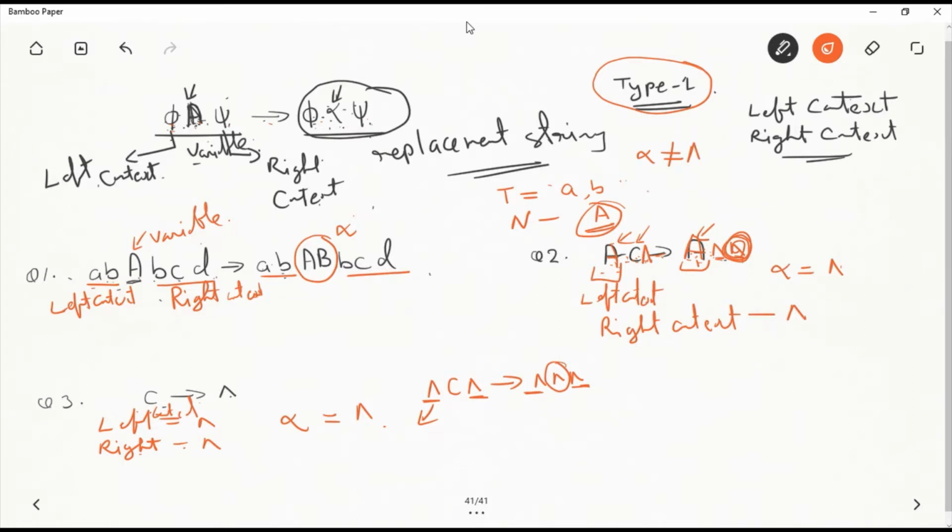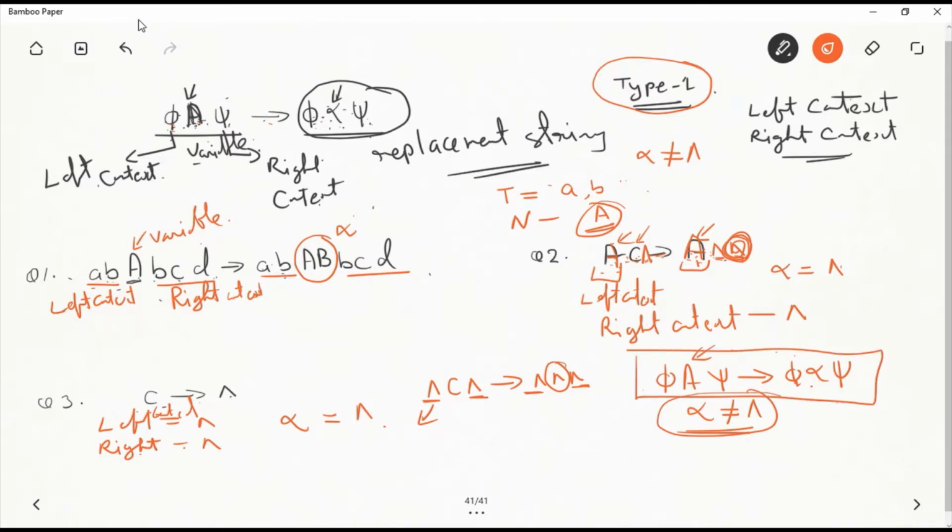Fine. ये ध्यान से समझ लीजिए, प्रोडक्शन phi A psi is rewritten as phi alpha psi, और रिस्ट्रिक्शन क्या कर दिया हमने कि अल्फा इज नॉट गोइंग टू बी इक्वल टू नल। मीन्स व्हाट, इरेजिंग ऑफ A इज नॉट परमिटेड हियर। इफ प्रोडक्शन इज ऑफ दिस फॉर्म then this type of production is called as type 1. Okay, phi is left context, psi is right context.